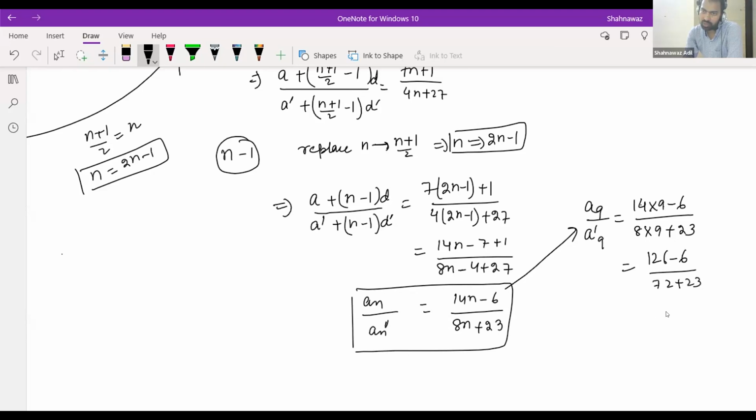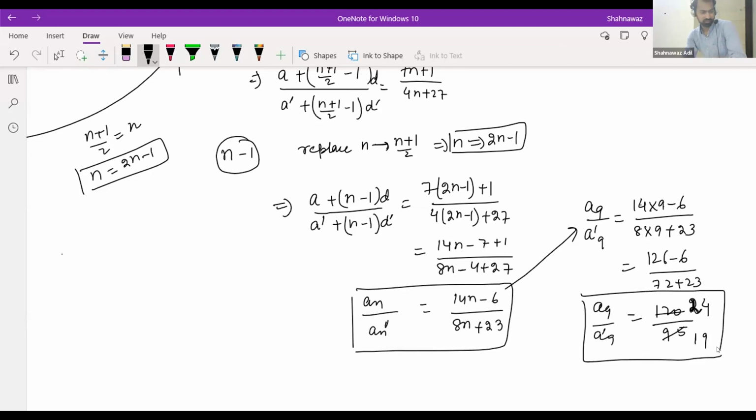So this is 120 by, this is 5 and 9. So this is how much? 24 by 19. Right, this is a9 by a prime 9. Understood, guys? Clear?